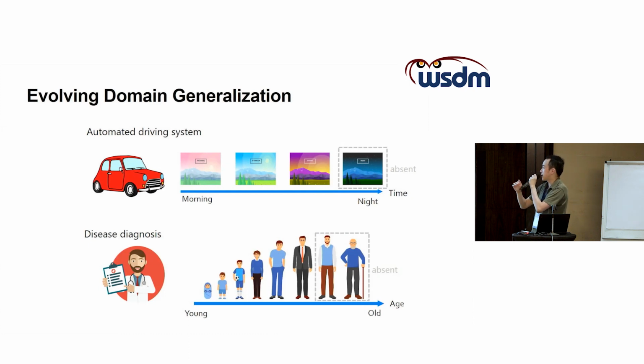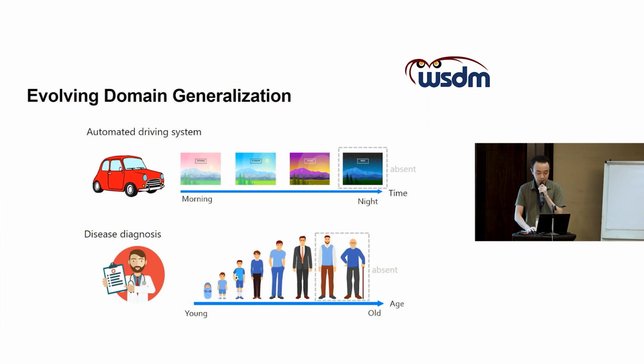Besides that, we also have disease diagnosis. For example, we have data coming from a specific person, maybe in the age range from 0 to 50, and we want to ask whether we can predict a disease at the age of 60 or 70.